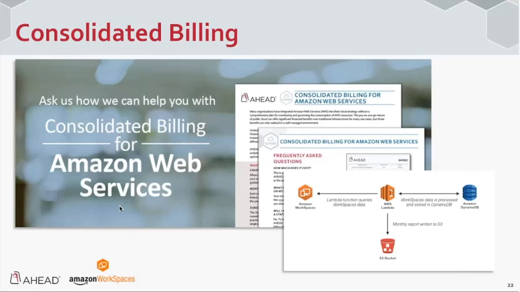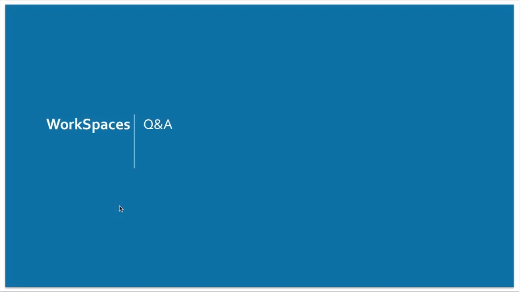We actually have customers using that. It was something that we developed with full expectation that as WorkSpaces matures, Amazon will release this functionality more tightly coupled with the service. These are some of the value adds we provide as part of our consolidated billing for Amazon Web Services. So if you want to talk about that, we can also follow up with that.